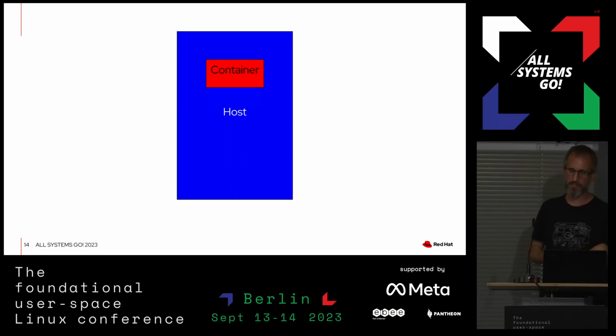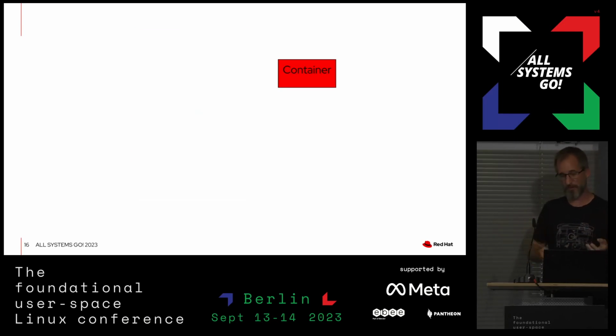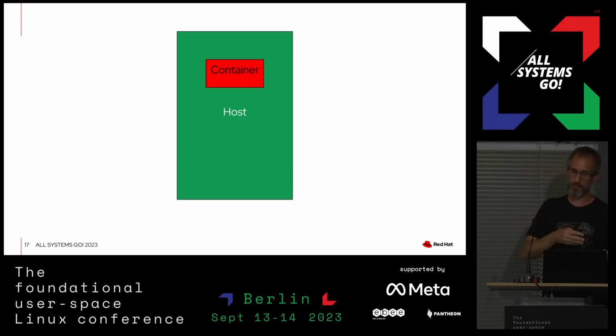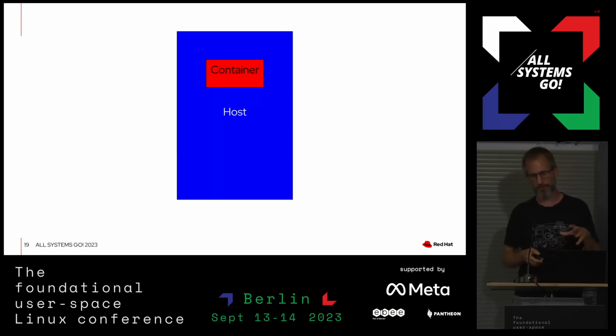So what you can do is you can update your system, then you can take a checkpoint of the container, you write it to disk, then you can reboot, the system is gone, and then it comes back with a new kernel, everything is fixed, and the container can be started really fast. I can talk a bit about saved startup times in my next example. It's a bit the same, like it's quick startup. So you have a container, maybe you have an application as a service or something like this.